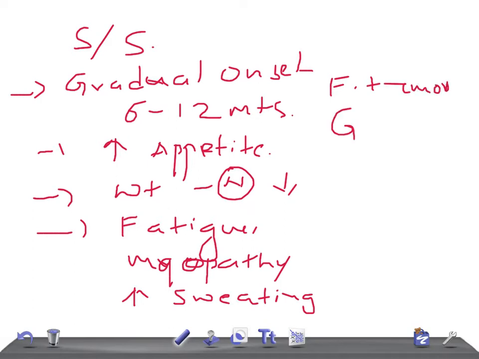Goiter is a really very important physical finding. Heat intolerance, whereas you see cold intolerance in hypothyroidism. Exophthalmos is nothing but protrusion of the eyes, as if they are staring at us.